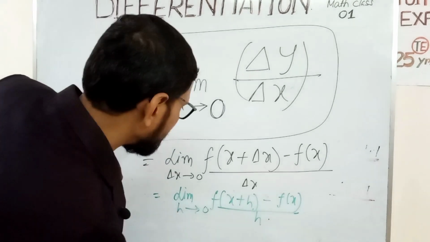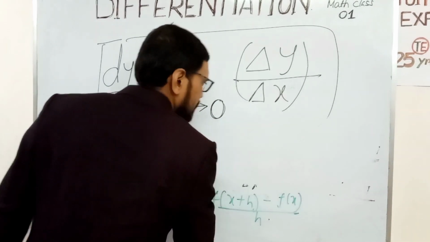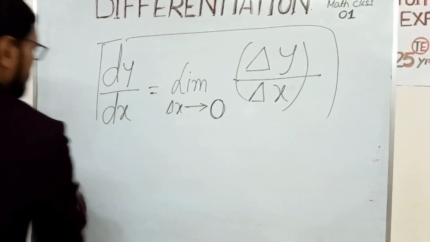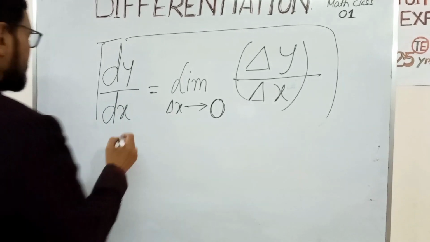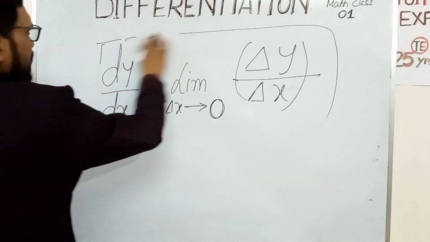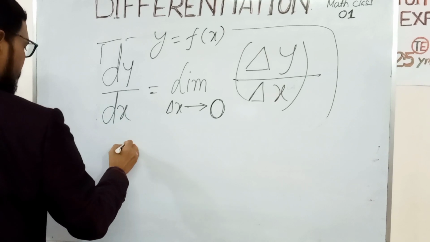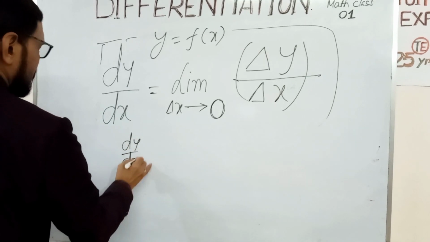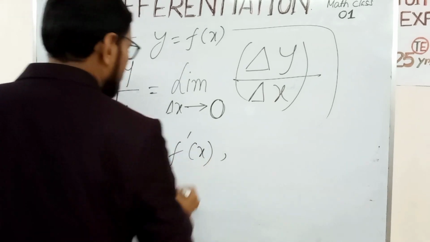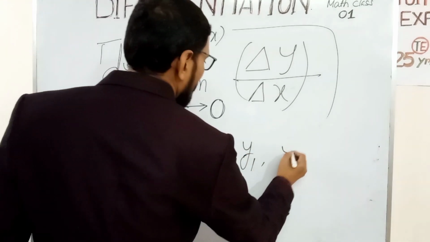Now dy by dx is written as dy by dx. Since y equals f of x, dy by dx is written as f dash x, or sometimes y1 or y dash.